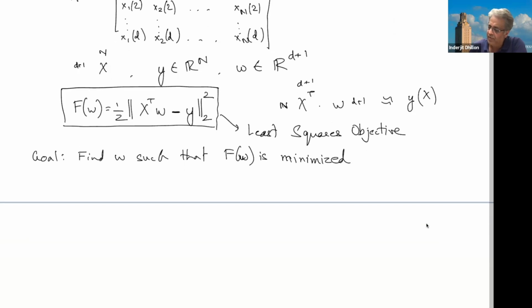Now remember that if I take a vector z, a property of the square norm is that it's basically the same as z transpose z.